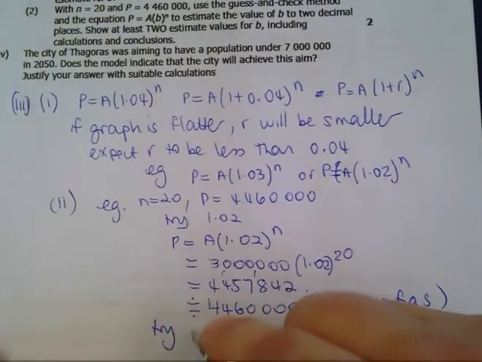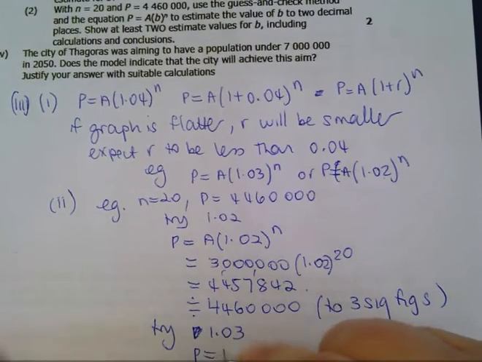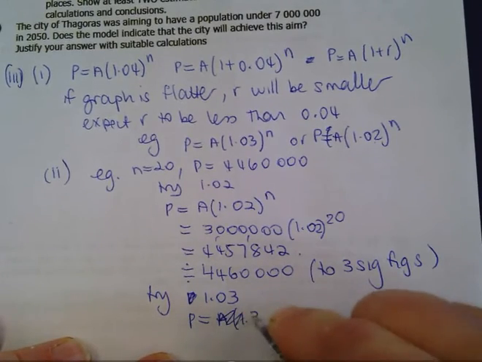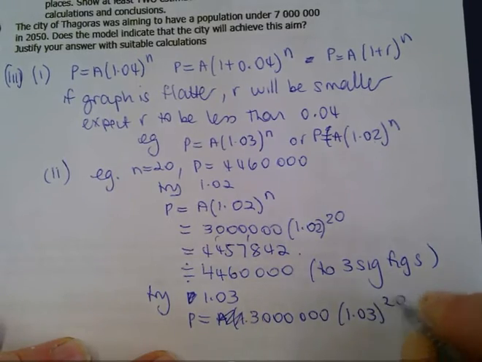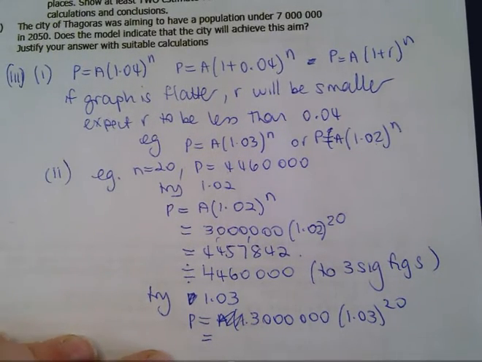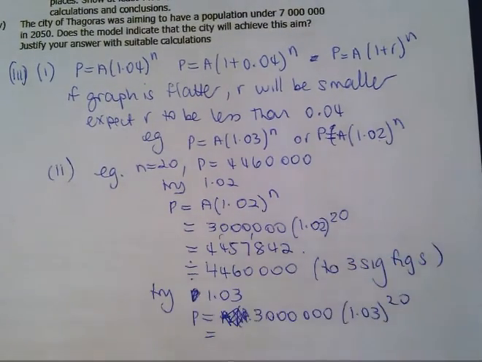So if you did try 1.03, you'd get a much higher value. You would get 3 million times 1.03 to the power of 20, and I'm sure that's going to be really high. Okay? Anyone try 1.03? But like I said, it's out of the course now.